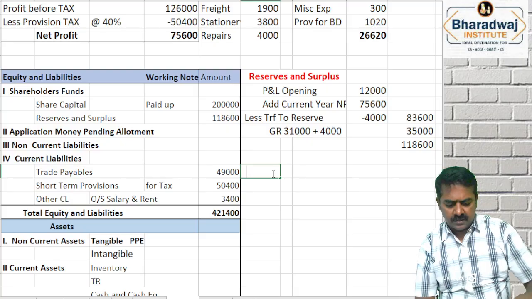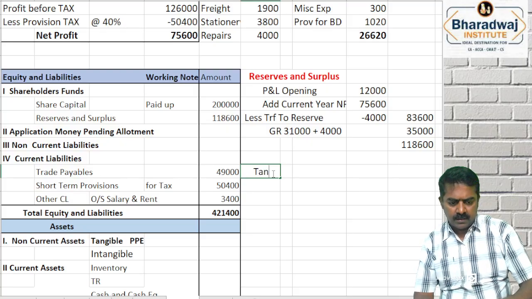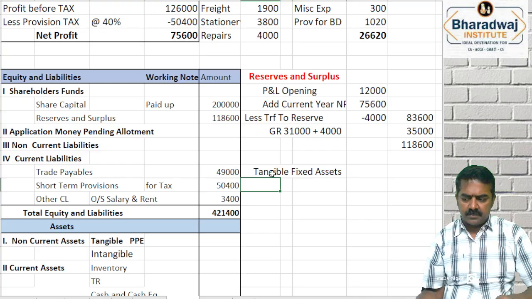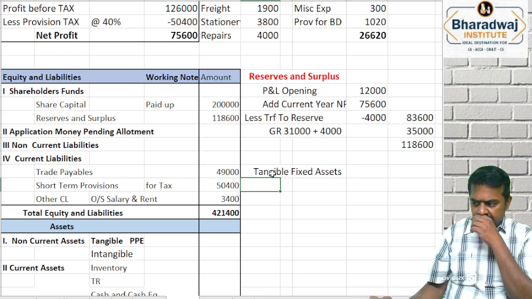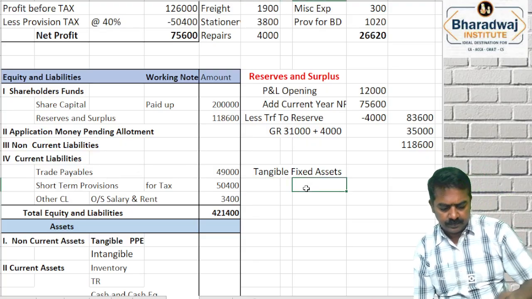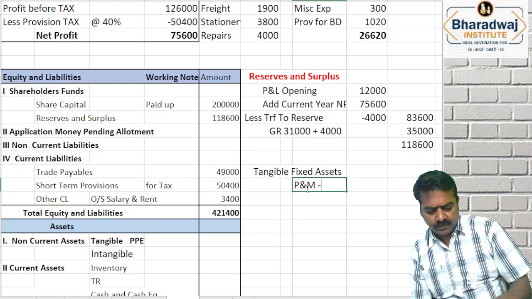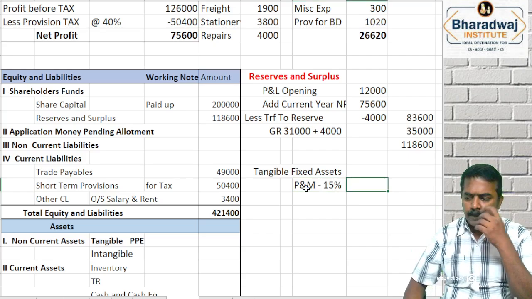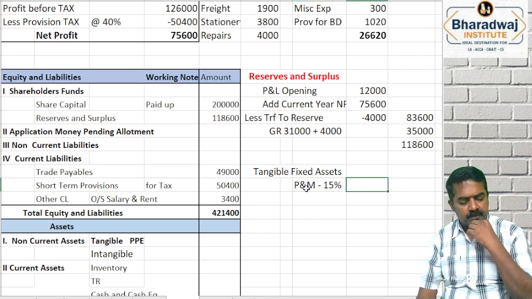Next, tangible assets. What will come under tangible fixed assets? Plant and machinery minus 15%.